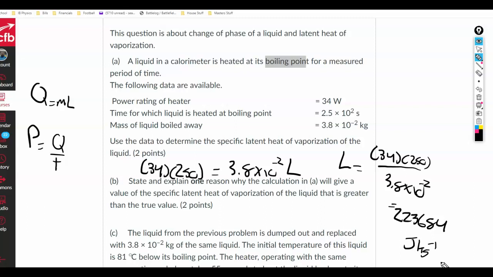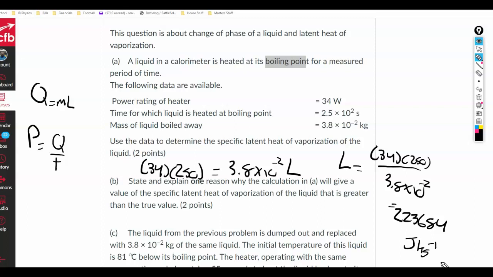The second point is using that fact to explain why the calculation gives a value that is greater than the actual value. The reason is that the actual value for Q going into the liquid is less than what we're assuming.